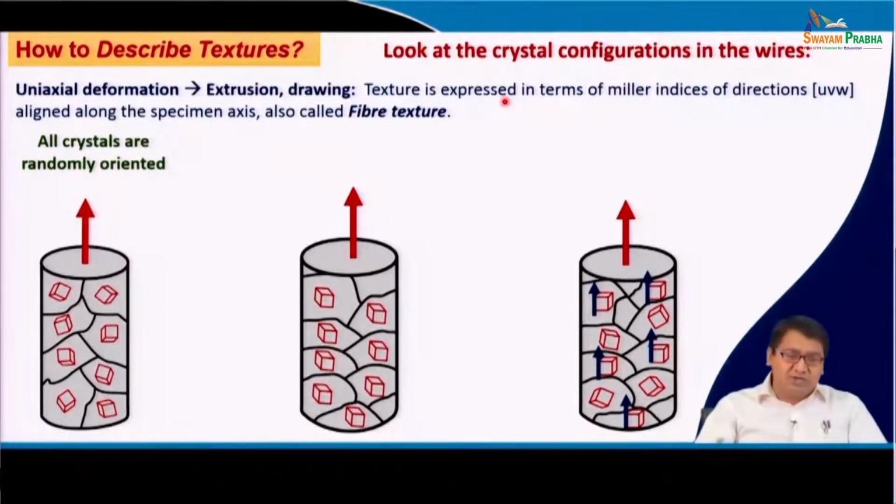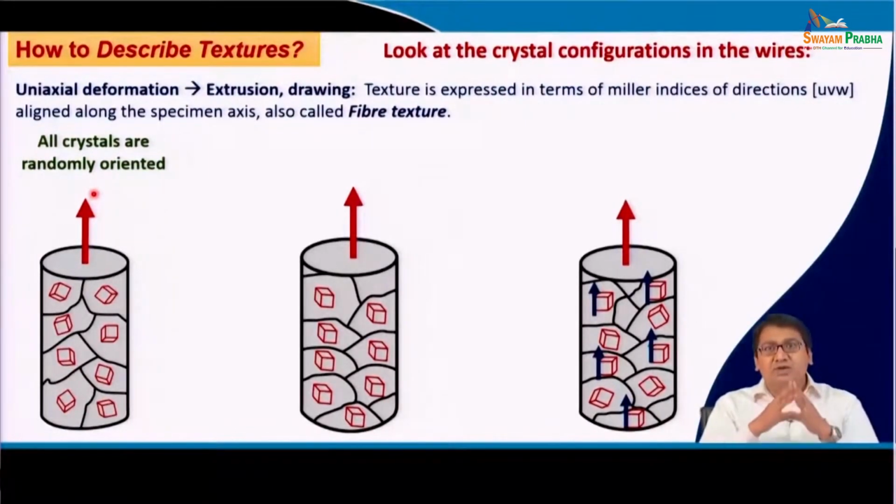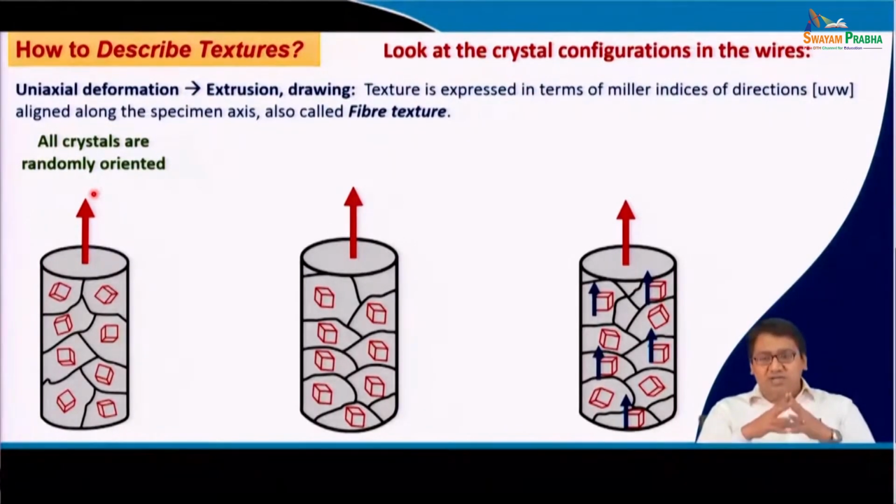direction or the drawing direction, and this has been shown by, if this is a circular rod which is being extruded in this direction. So, this arrow shows the important sample direction, and therefore, the Miller indices of this direction in terms of UVW should basically represent the texture of the extruded or the drawn material.